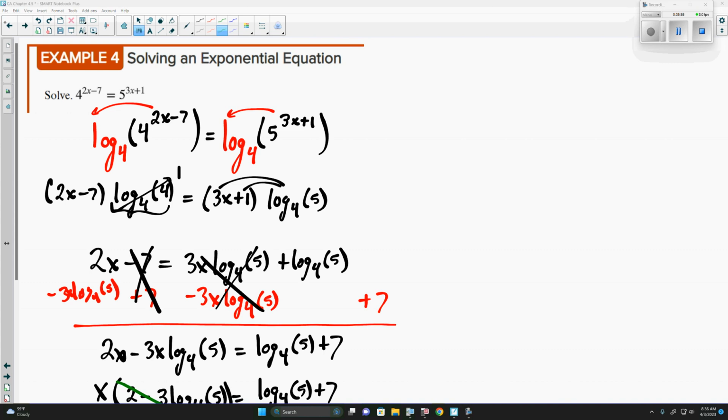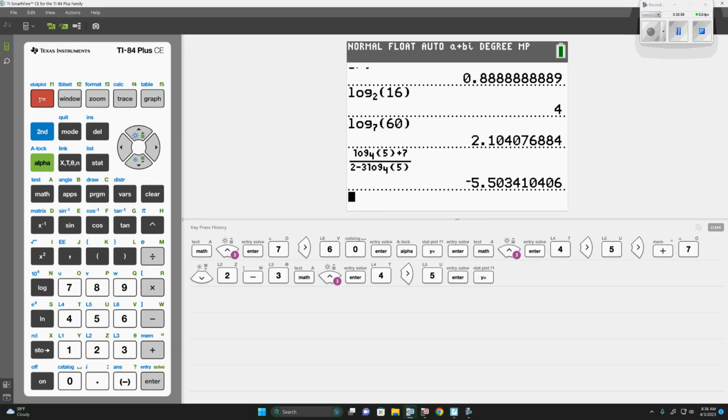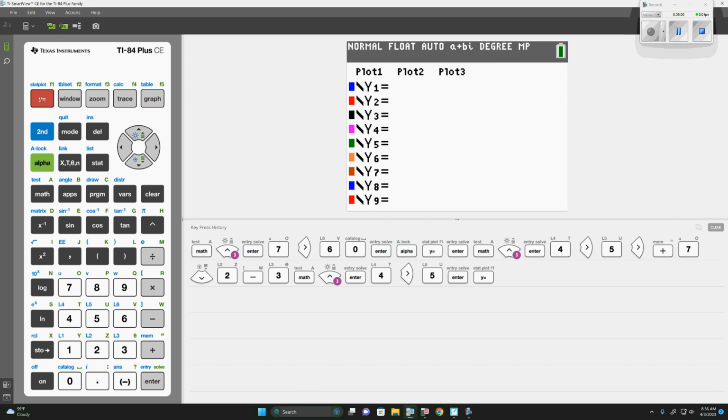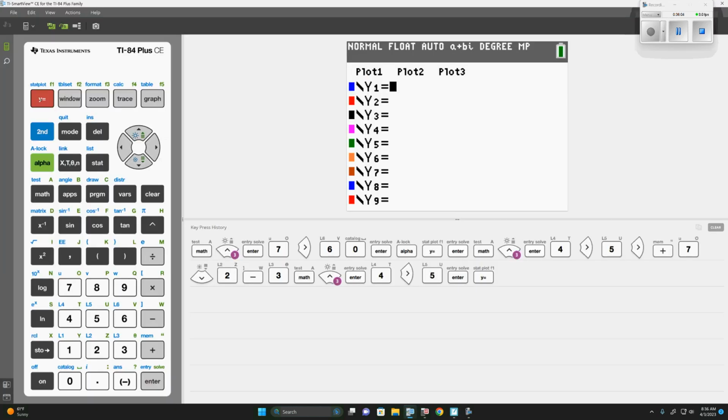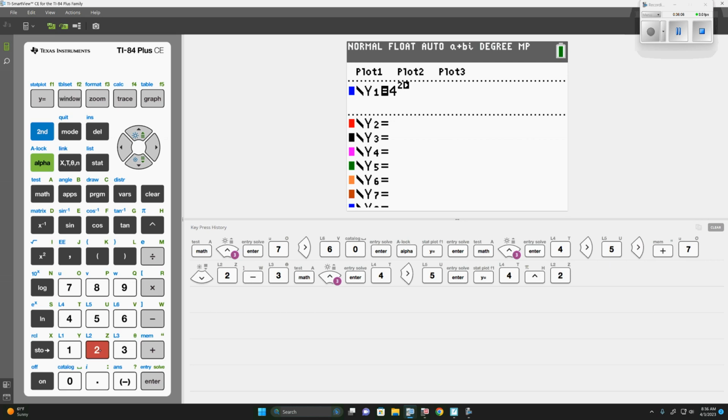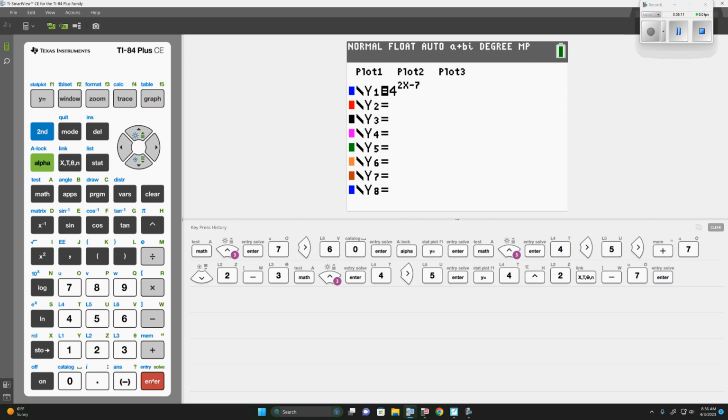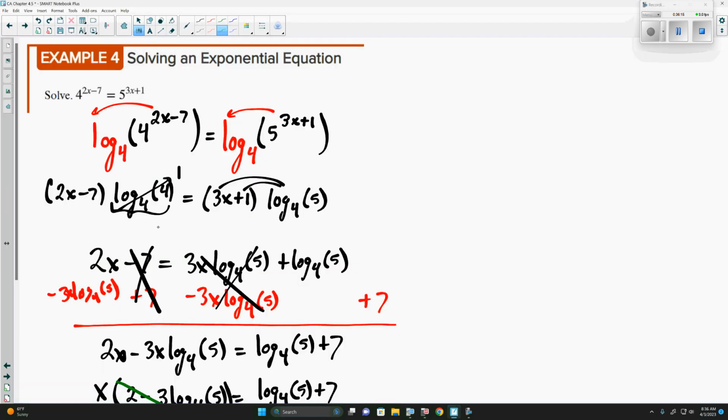Now we're about out of time, so instead of starting the next one, I want to look at the previous one again, one more time. 4 to the 2x minus 7, and 5 to the 3x plus 1.